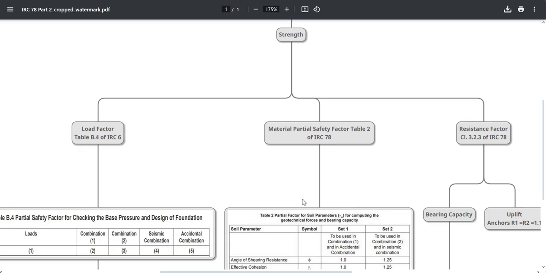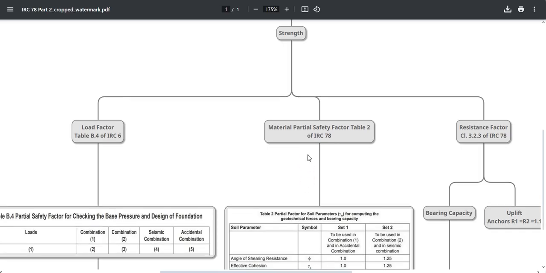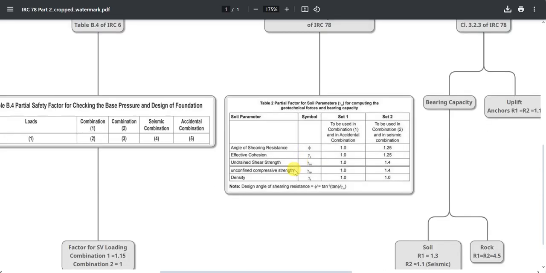The load factor caters for uncertainty in the loads, the material factor caters for uncertainty in the material properties that we have got from the site, and the resistance factor caters for the calculation methods or theories and the assumptions we have made to calculate the capacities.